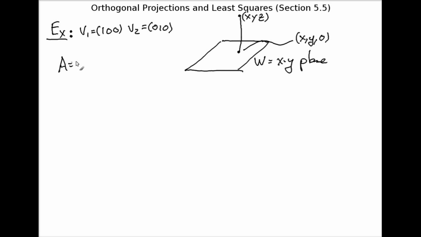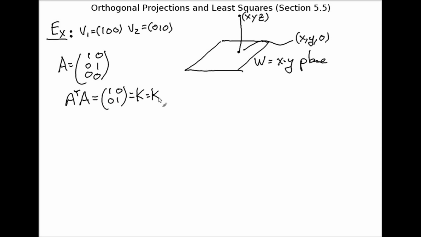So A is this matrix 1, 0, 0, 0, 1, 0. And A transpose A, if you just compute it in 2 seconds, you'll see you get 1, 0, 0, 1. So that's K, and so K is the same thing as K inverse, is the identity. And this V star that we were looking for turns out to be A times the identity times A transpose times x, y, z.